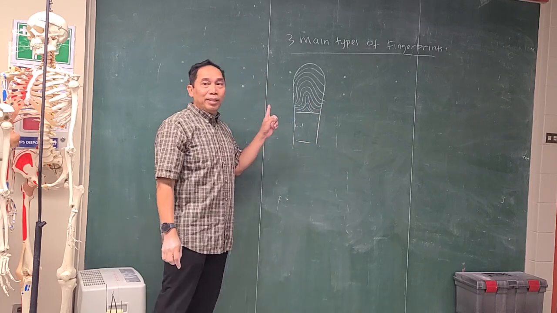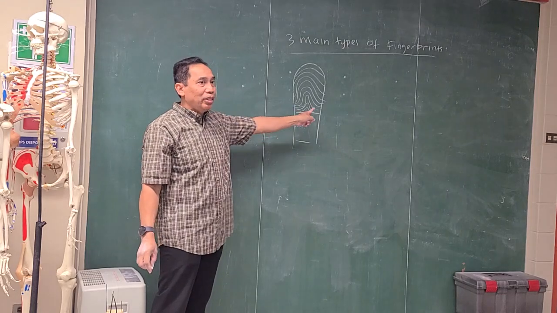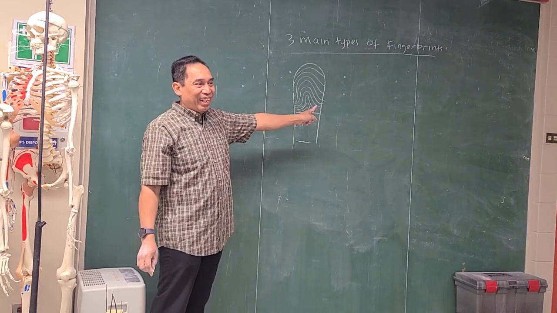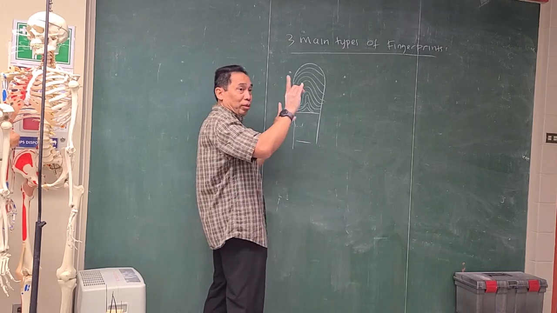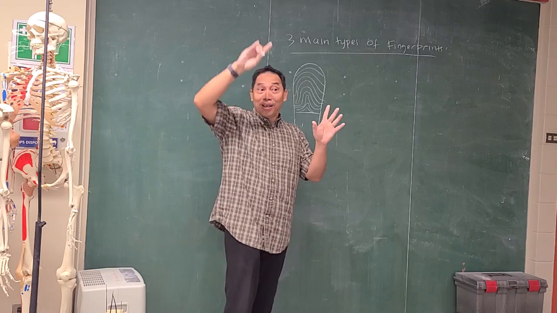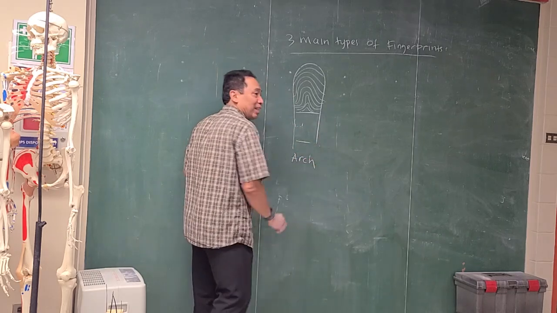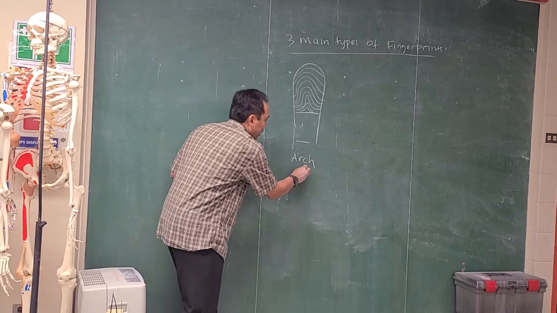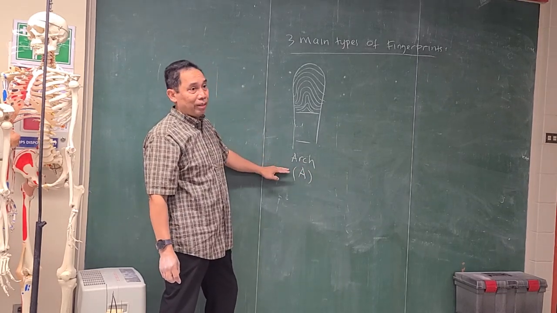Okay, you see that one? And this one looks like an arch. Have you ever been in St. Louis and gone to the Arch? So it's an arch type. You can abbreviate it as an A type.